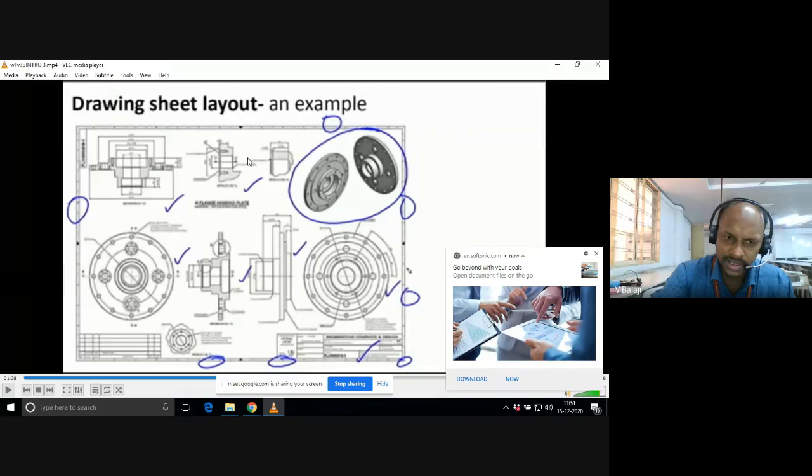For that reason, ABCDs are there, and below, horizontally, 1, 2, 3 numerical values are there. If I want to trace this object, I will say A1, meaning along 1 and along A this particular component is there.